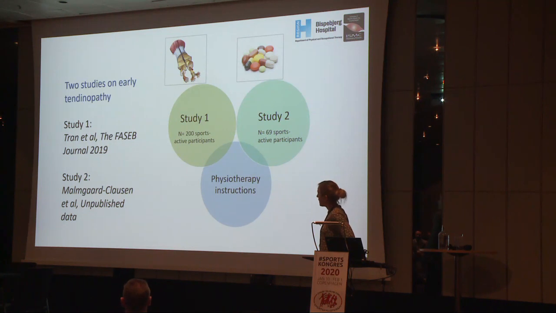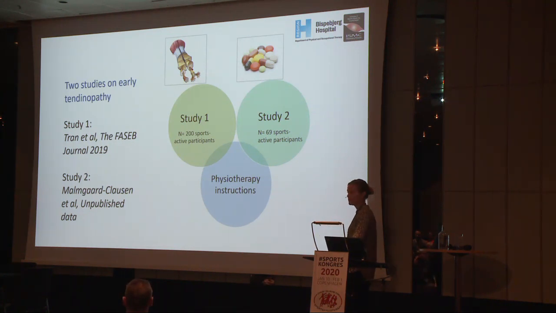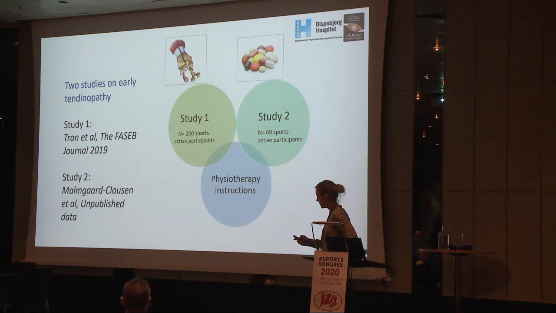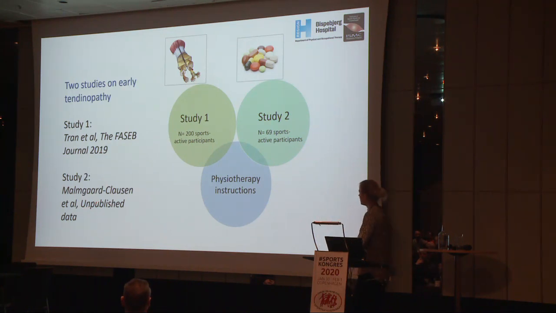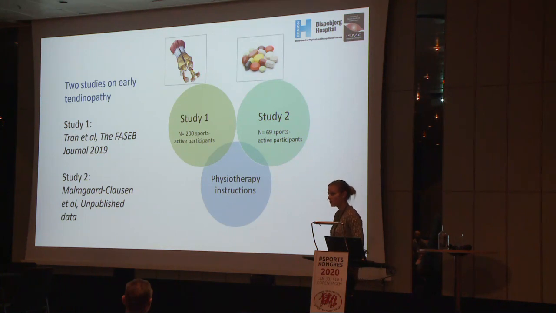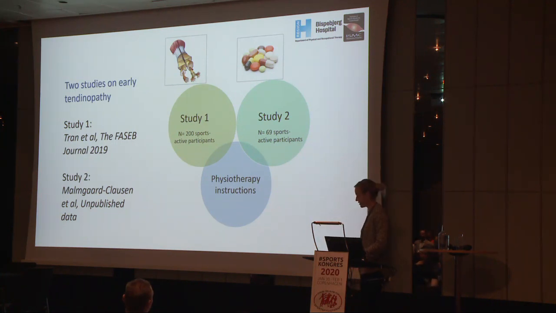The second study is an ongoing study, so it's unpublished data that I will show you. It is conducted by Malmgaard Clausen, and in this study we included 69 sports active participants with early tendinopathy. Common for the 2 studies is that they all got the same physiotherapy instructions.